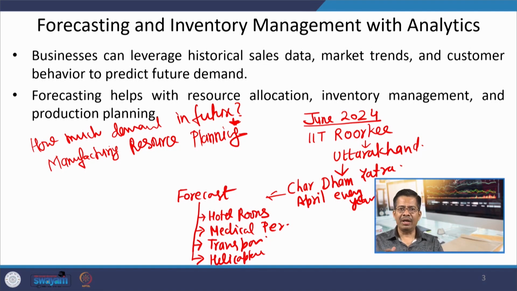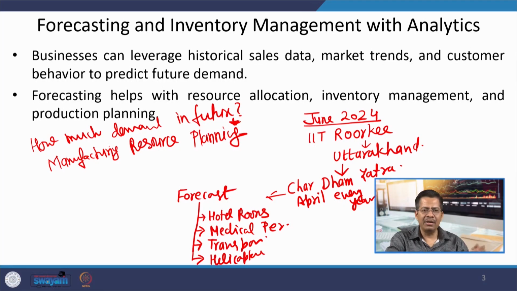Just to give you one example of the point I am trying to make, the government started with the idea that we will do online and offline registration of all the tourists coming for Char Dham. But then they realized that the capacity of these shrines, Char Dham are holy shrines of Hindus, is not enough to take care of that large influx of devotees.